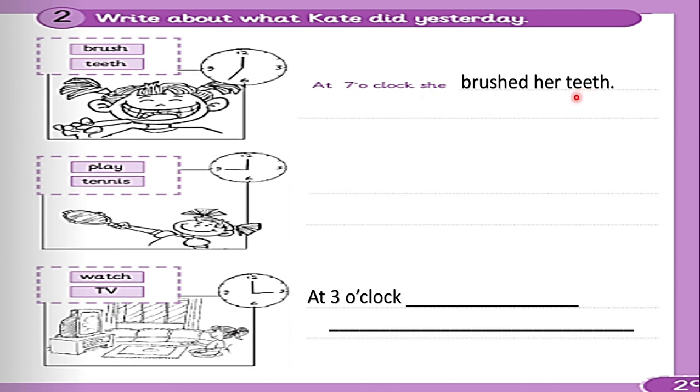Very nice. Brushed, it is in the past because of yesterday. Now here, what can we see, my students? At 9 o'clock, what did she do? Played tennis. Very nice.